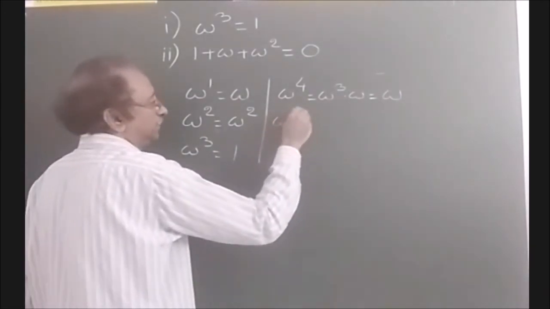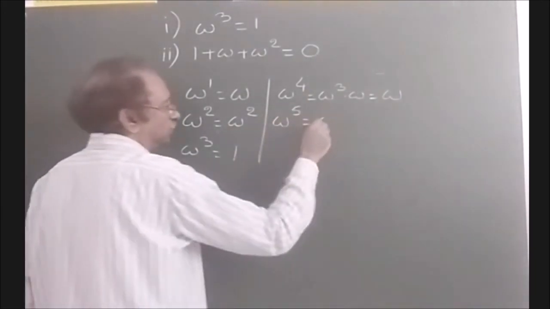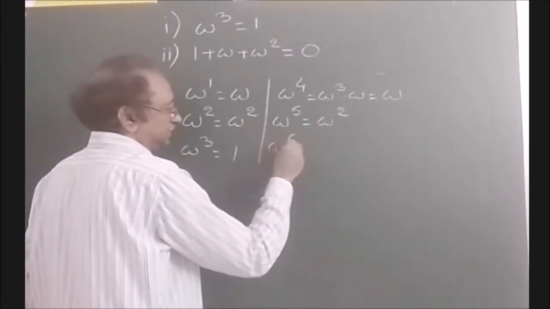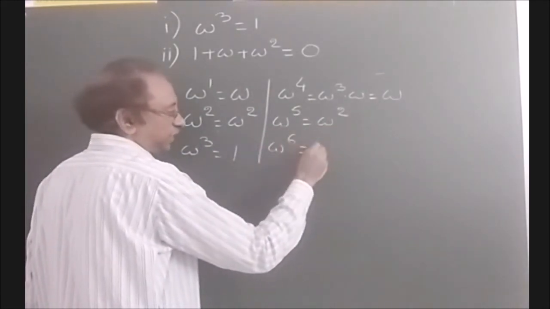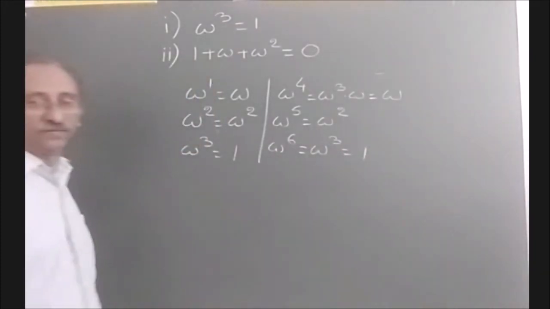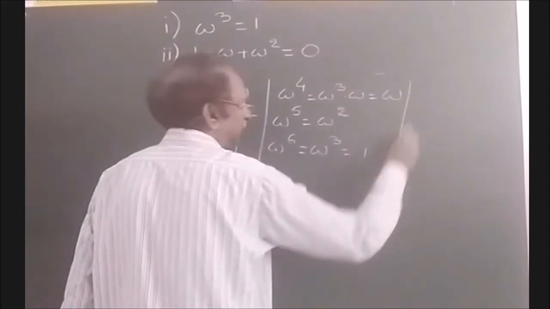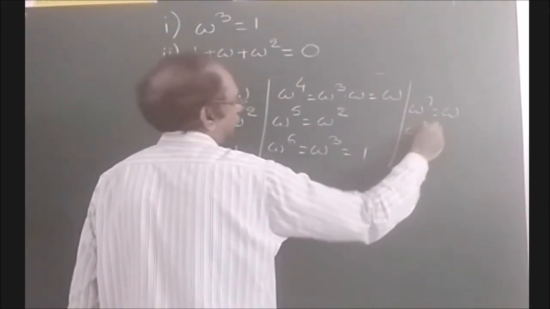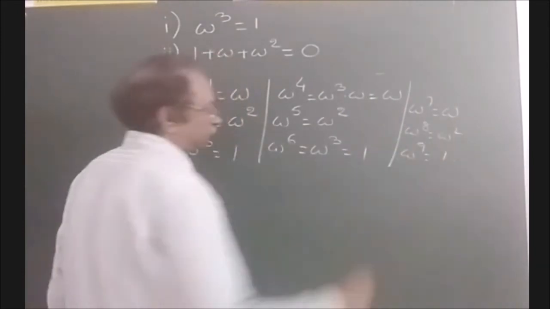And omega power 5, omega cube into omega square, you will get omega square. And omega power 6, omega power 5 into omega, that is omega square into omega, it's again omega cube, that is 1. Another one, omega power 7 is omega, omega power 8 is omega square, omega power 9 is again 1.